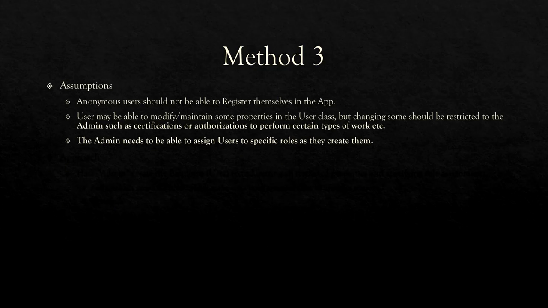But really, this is the one. It takes care of everything. It's a combination of the first two, and in my opinion, it's the best single method. So our assumptions, again: it's internal use. Anonymous users should not be able to register in the app, so we don't need a register link even available. Now, we do want the user to be able to go in and maintain some of the properties, at least in the user class.